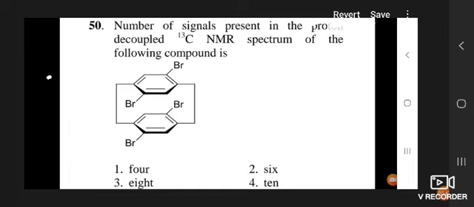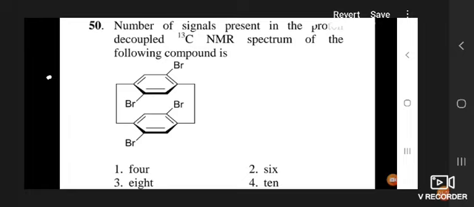Proton decoupled C-13 NMR means the hydrogens which are directly attached to the carbon do not couple with that particular carbon, that means carbon 13. So that's why it is called a proton decoupled C-13 NMR spectrum.